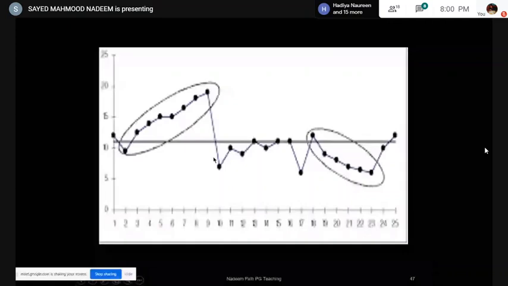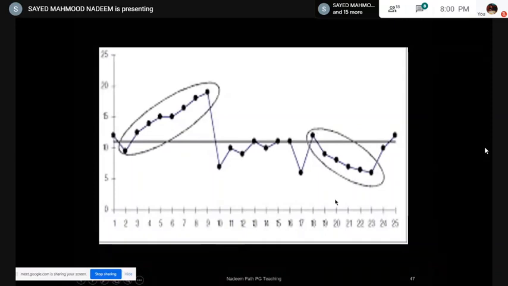So this is a trend and this is a shift. And from here, we get a new pattern. And right here, again, you start seeing that the control is gradually falling. And this is again another trend here. And from here, it jumps back. So we have one shift here and one shift here.